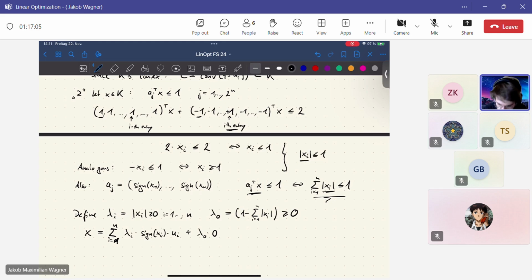And so we have here a convex combination of the set containing the 0 vector and all the sign of x_i times u_i vectors.